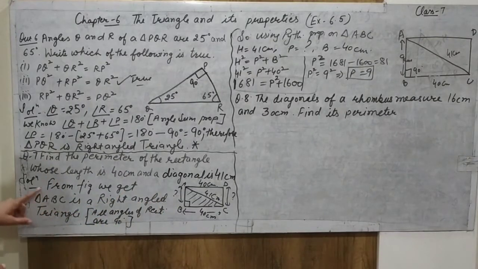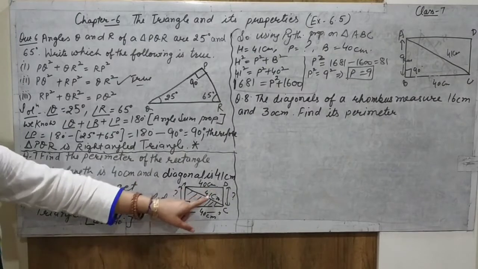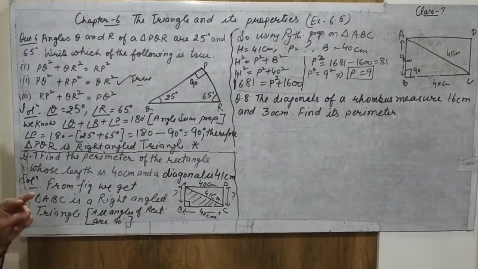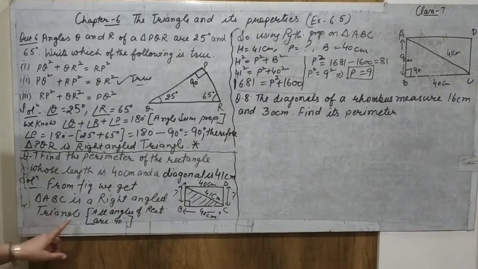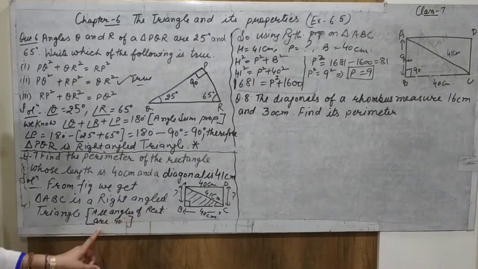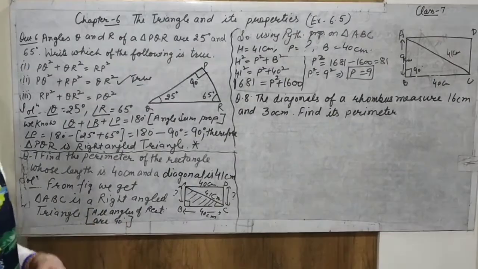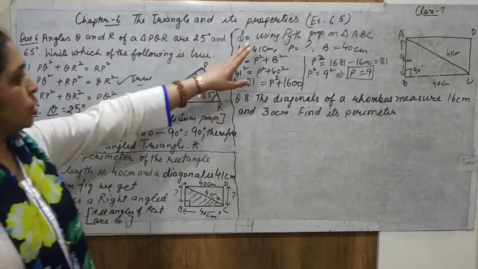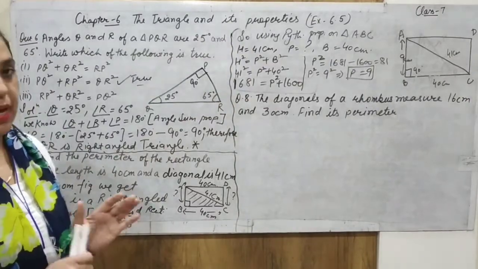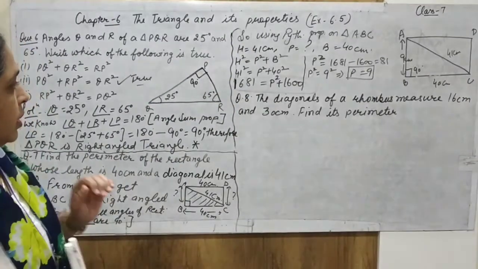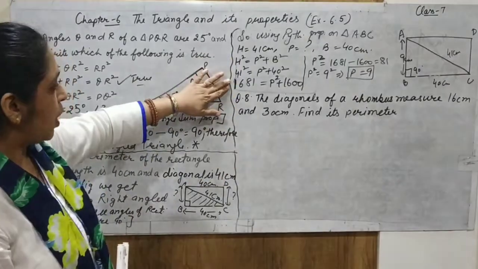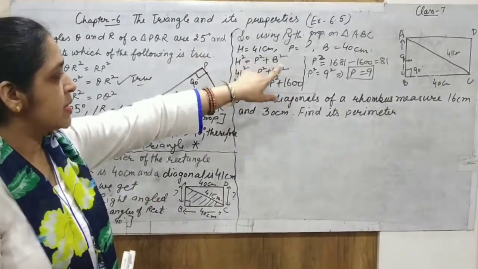To find out the breadth, we use the property that a diagonal divides a rectangle into two parts, and each triangle is a right angle triangle because all angles of rectangle are 90 degree. So using Pythagoras theorem, because Pythagoras is only used for the right angle triangle, h square is equal to p square plus b square.